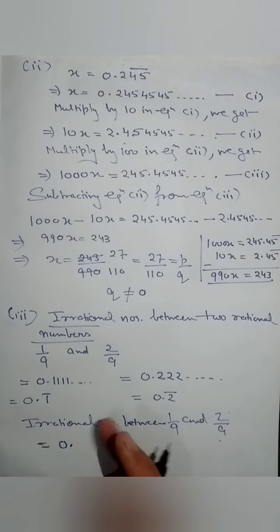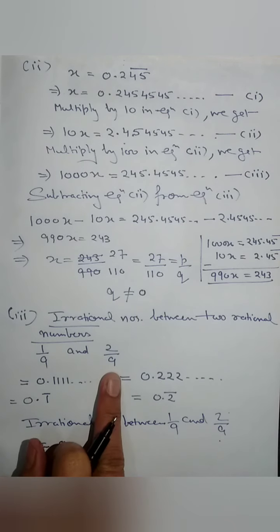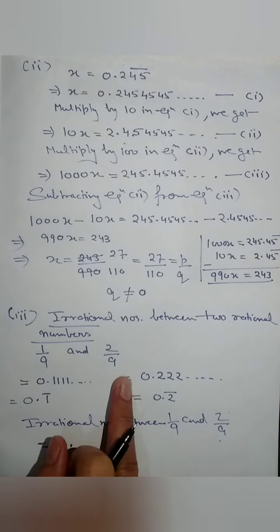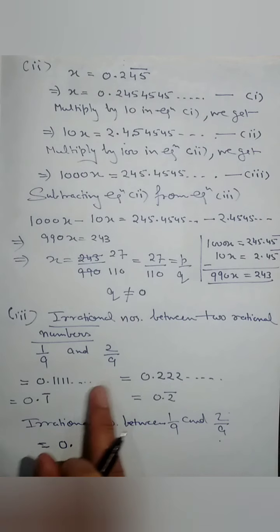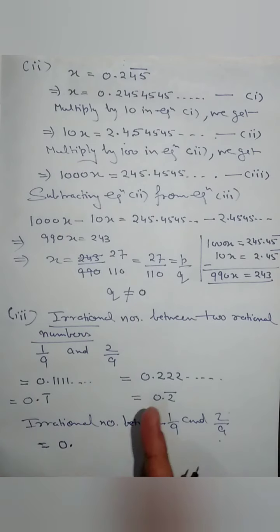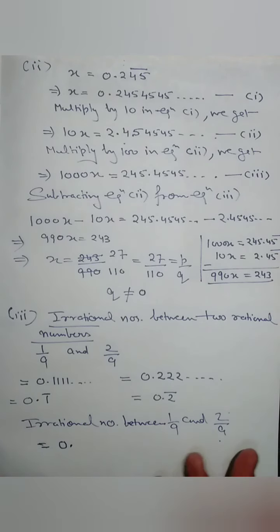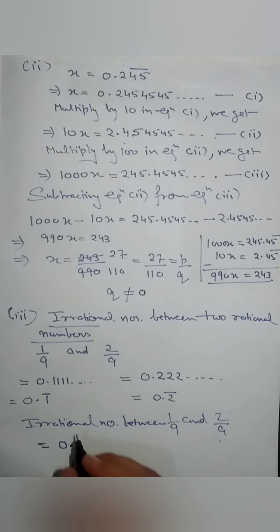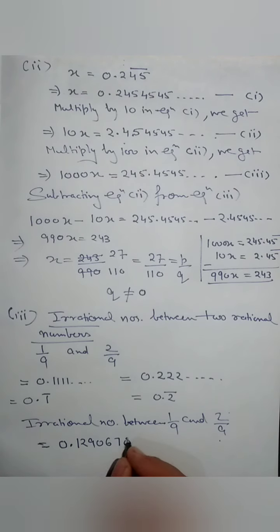As we know, between two rational numbers infinite rational numbers lie. In the same way, between two rational numbers infinite irrational numbers also exist. So we can write 0.1290678 and so on, or we can write 0.18623 and so on.